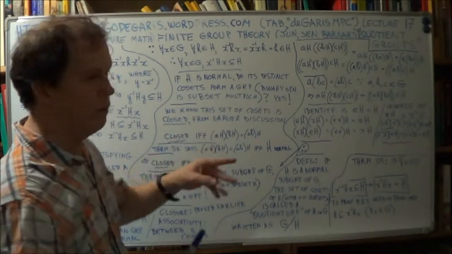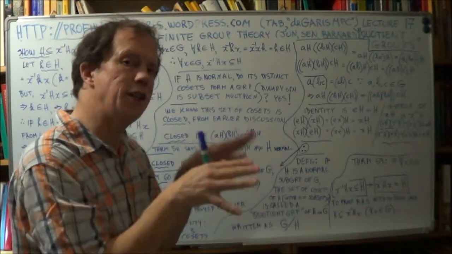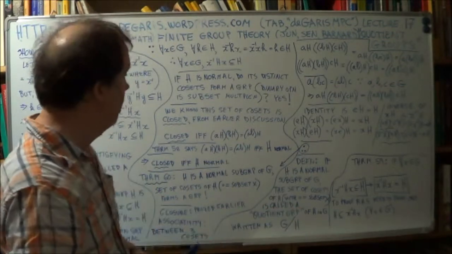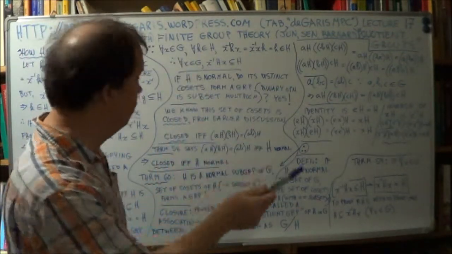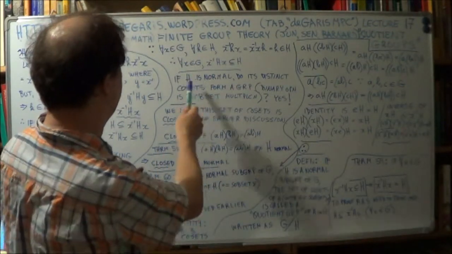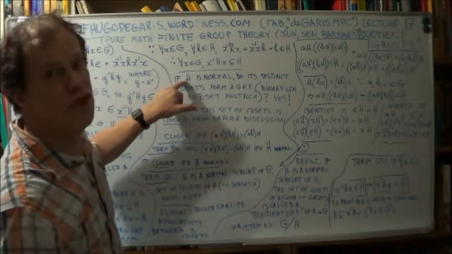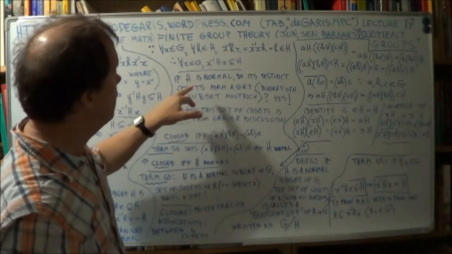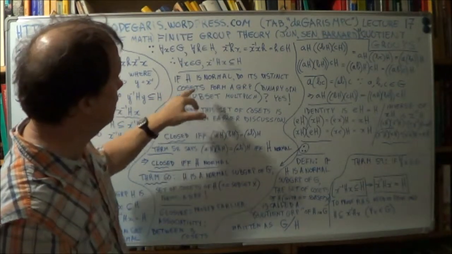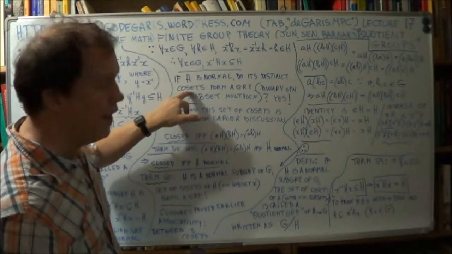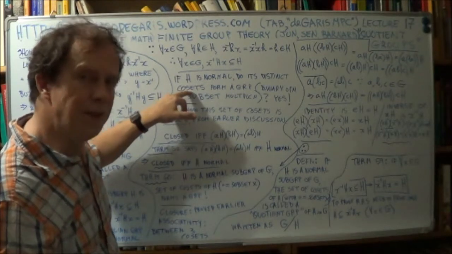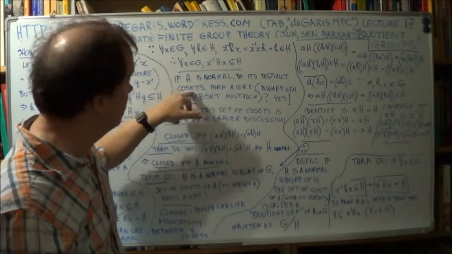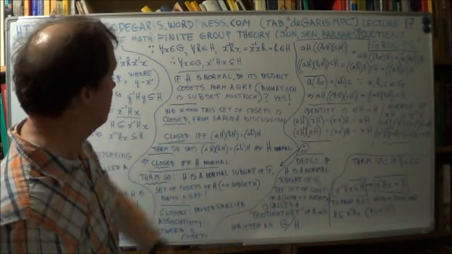So if that subset multiplication is your binary operation on two cosets, and if your subgroup H is normal, you have those two conditions, right? Then is the set of the cosets of H a group? And the answer is yes, right?